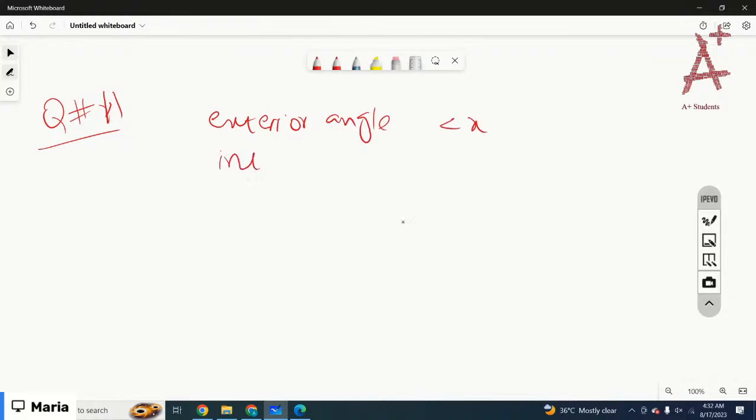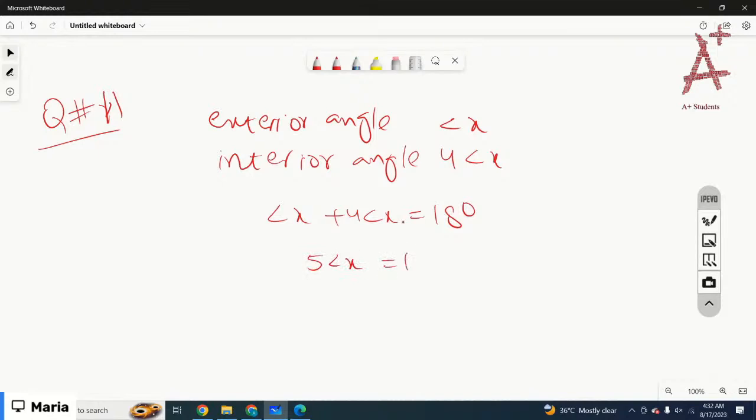That means the interior is 4x, because the ratio is 1 to 4. We know that the angles on a straight line sum to 180, so their sum is 180. 4 plus 1, 5x is 180. Divide both sides by 5, so angle x equals 36, right?